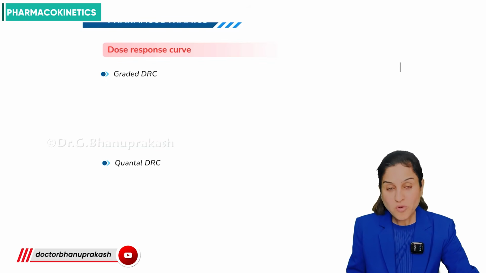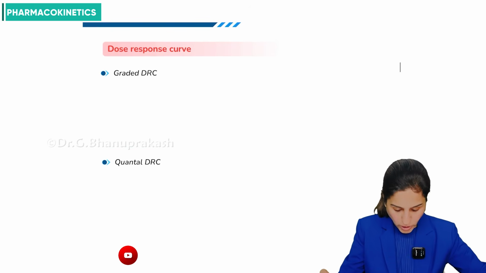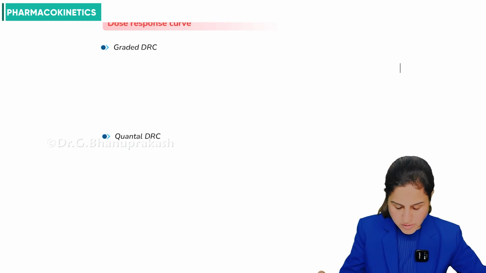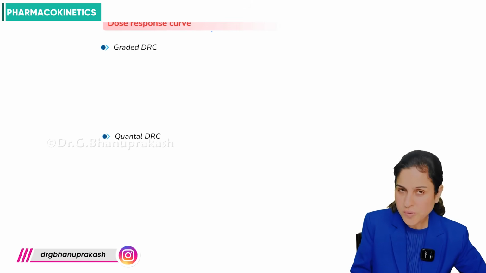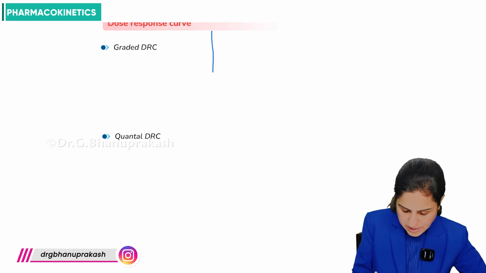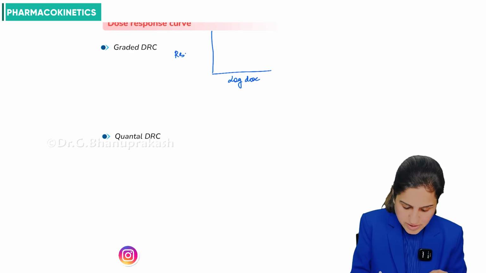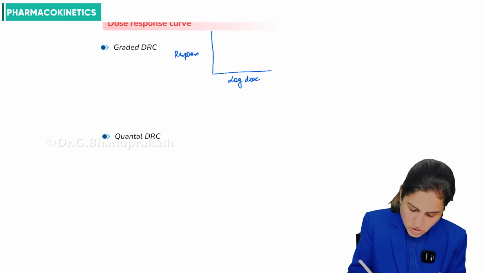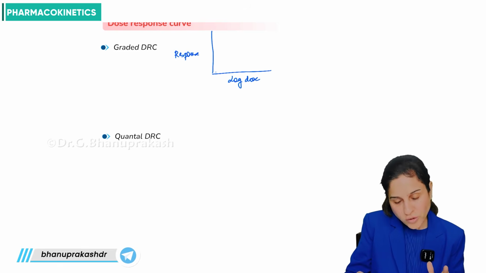Okay, so let's move on to the next important topic, the graded versus the quantal dose response curve. So we have the first one, the graded dose response curve. What is the meaning of this? This is the log dose and this is the response. As you go on increasing the dose of the drug, the response is also going to go on increasing.